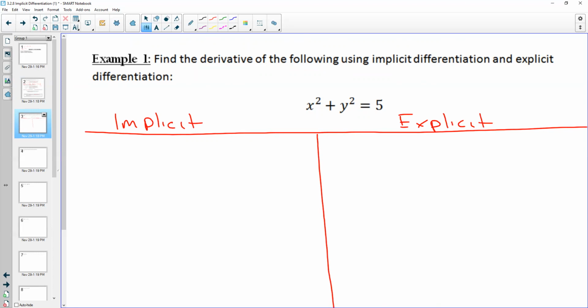Okay, so implicitly, we are going to take the derivative of both sides with respect to x.